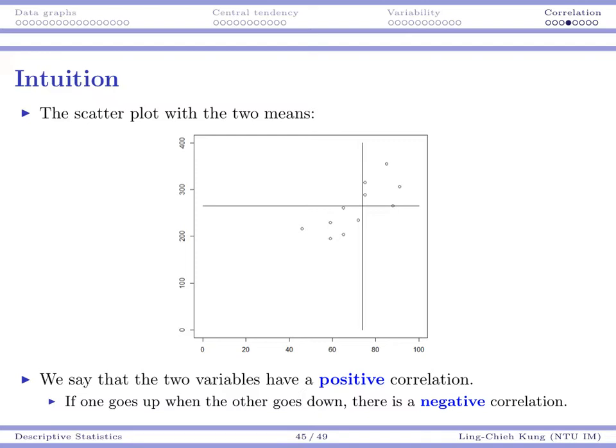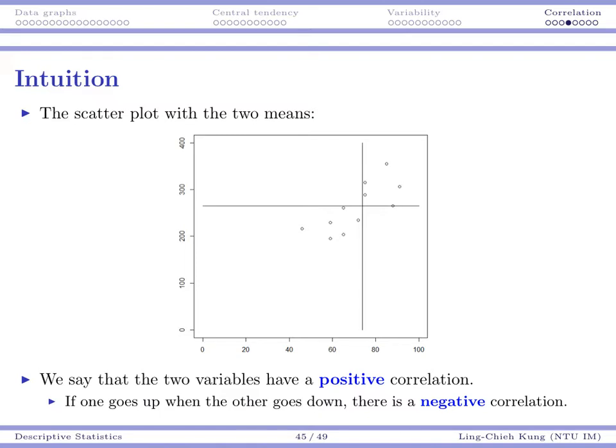That means when x is large, y tends to be large, and when x is small, y tends to be small. If you have a set of data where all the data points tend to be in the second or fourth quadrant, then that means just the opposite. When one variable is large, the other one tends to be small. So that's the other story.